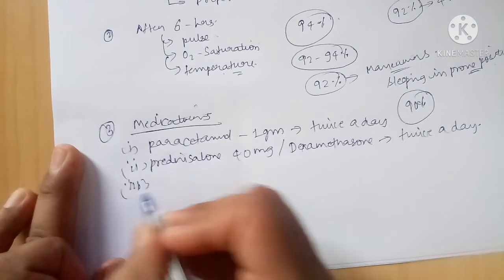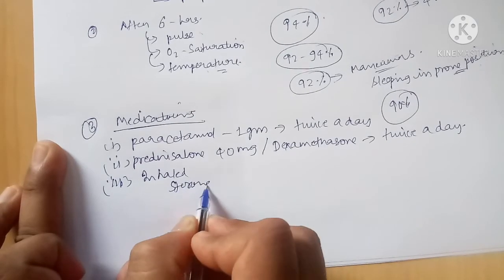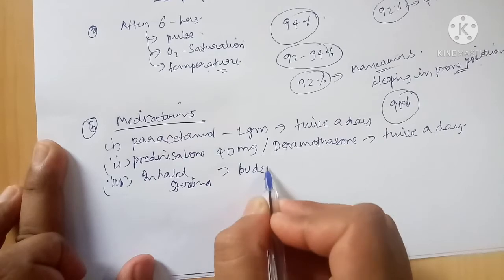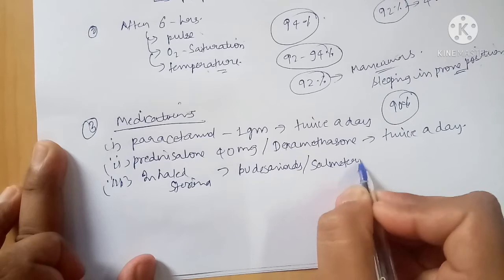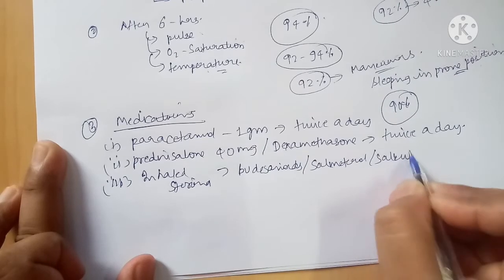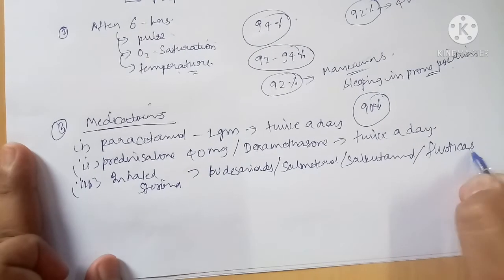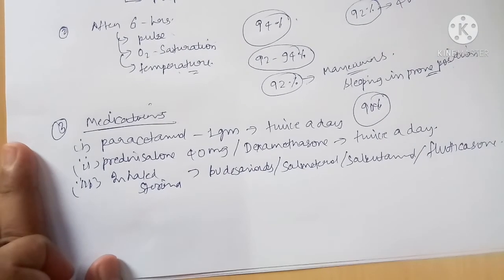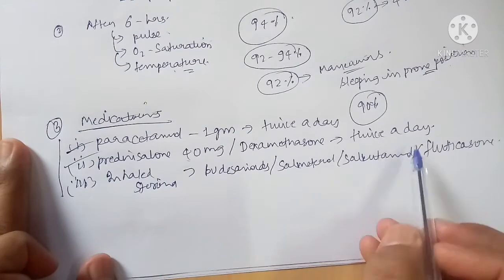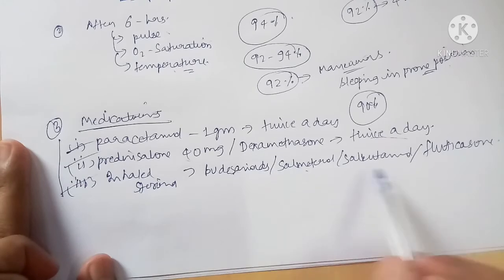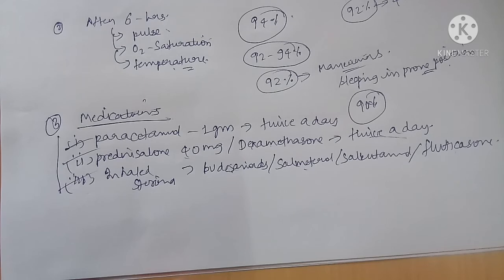The third is an inhaled steroid like budesonide, salmeterol, salbutamol, or fluticasone. We can use fluticasone. So: paracetamol 1 gram twice a day, prednisolone 40 milligram or dexamethasone twice a day, and an inhaled steroid such as budesonide, salmeterol, salbutamol or fluticasone once a day.